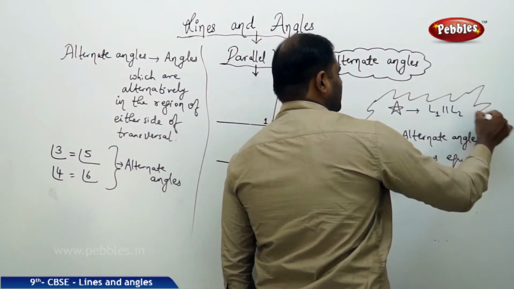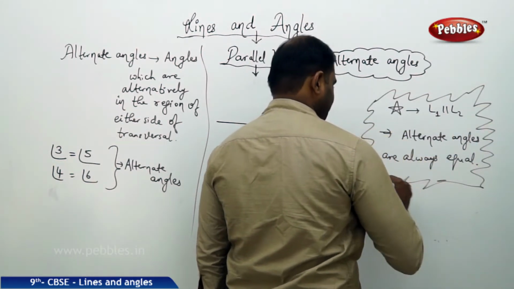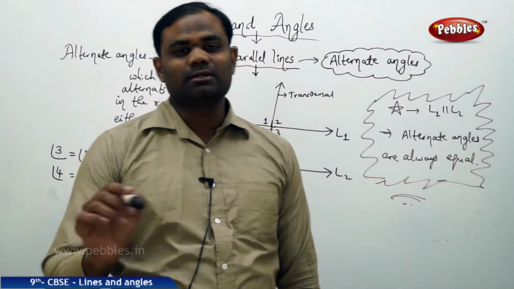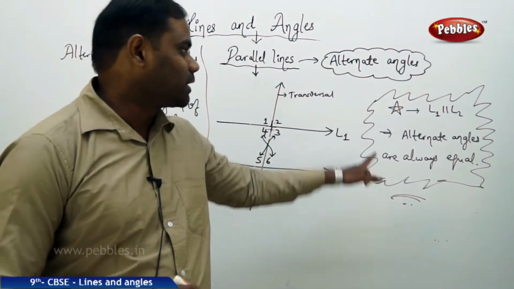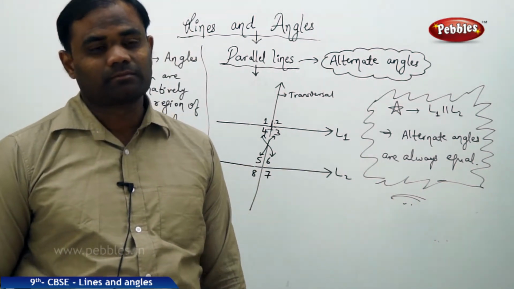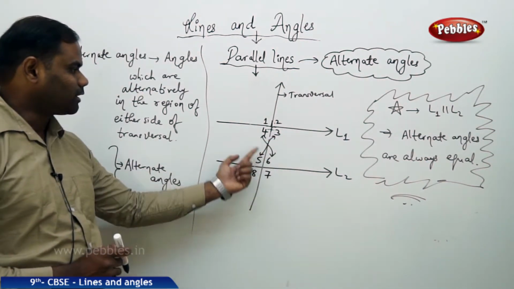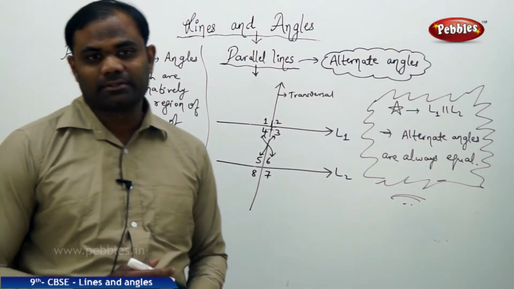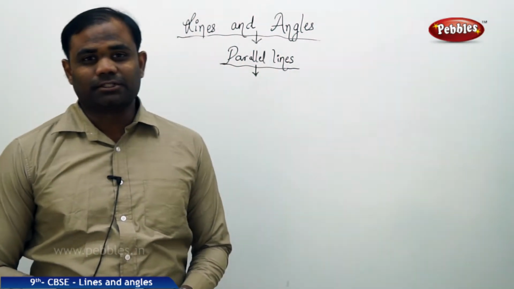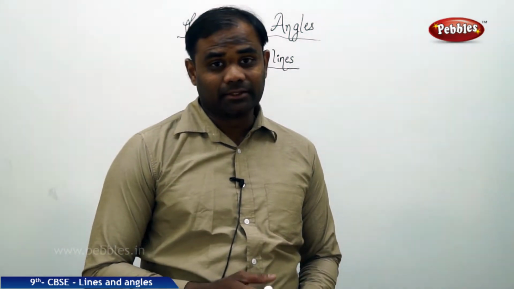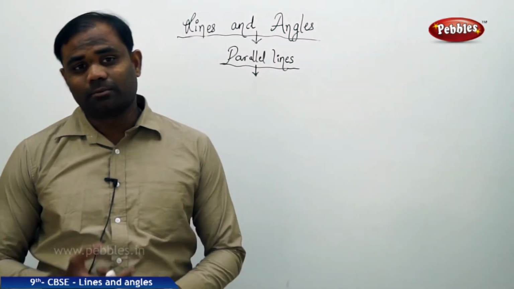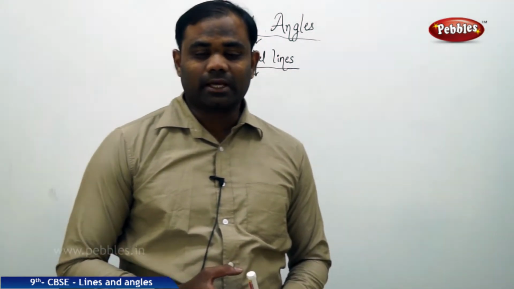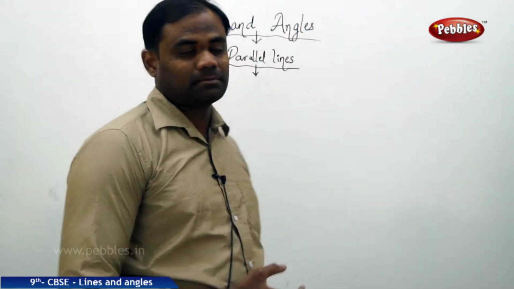Alternate angles 3 and 5, 4 and 6 in the pair are equal in parallel lines. Now next is the discussion of vertically opposite angles when two lines L1 and L2 are parallel cut by the transversal. Vertically opposite angles in pair of parallel lines.